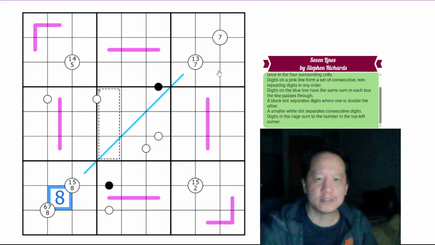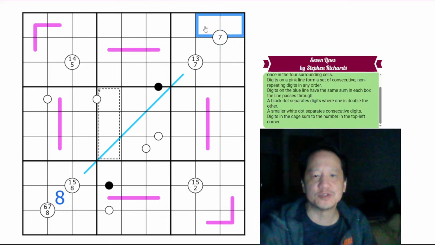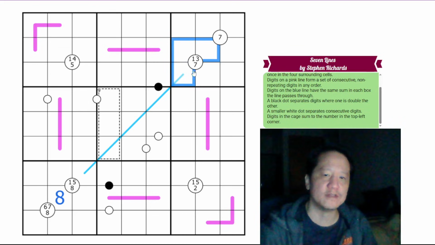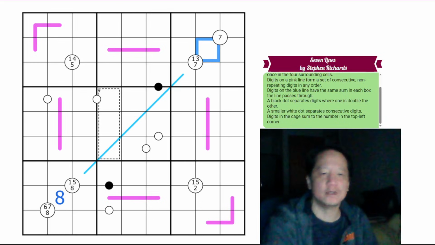So this is 8. We have a similar situation in the upper right-hand corner. This has to have a 7 surrounding it, in the 4 cells surrounding it. This must have a 7 in the 4 cells surrounding it. Where can 7 be? Where it's surrounding both this quad and this quad, it has to be here.